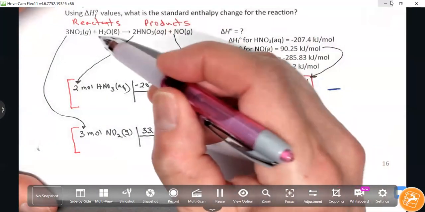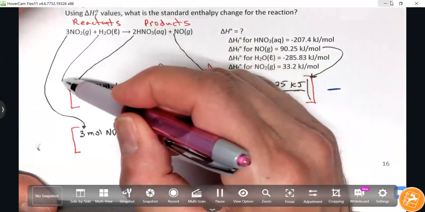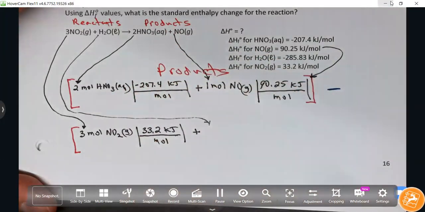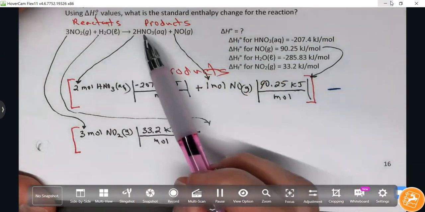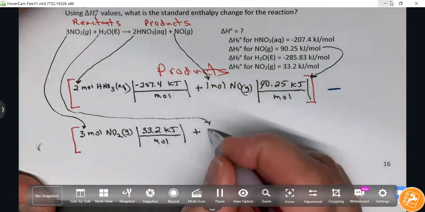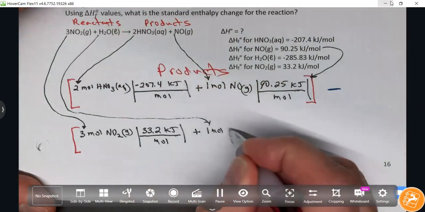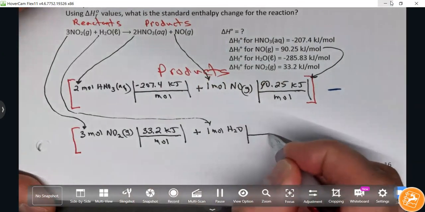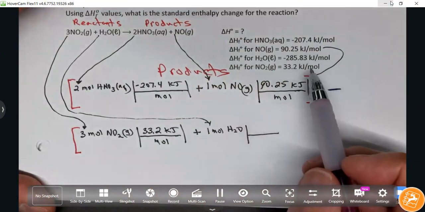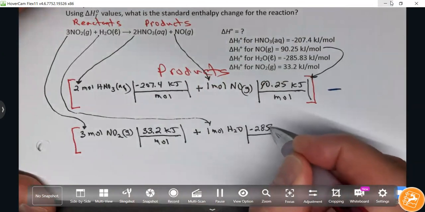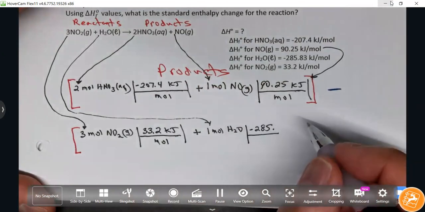Plus 1 mole of H2O, and that is a liquid, negative 285.8.